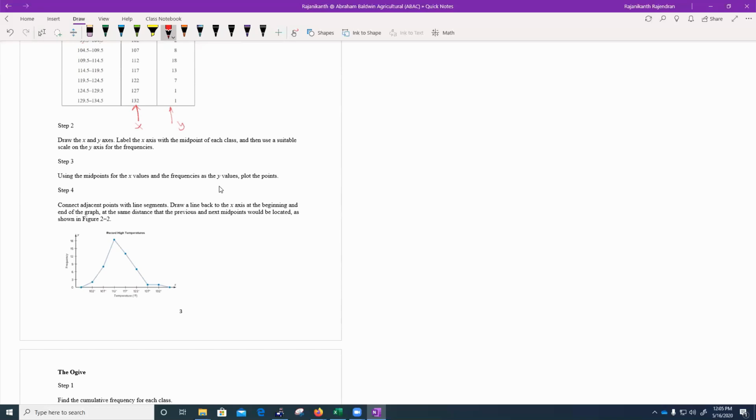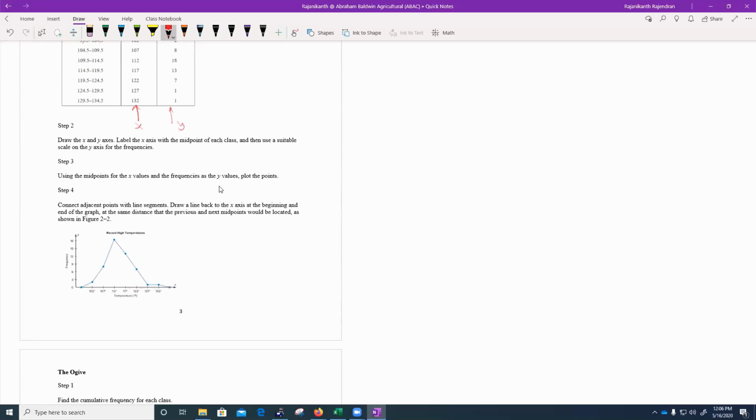But to finish your curve, you have to end your curve with this endpoint. You have to have the same space as whatever you have for the class width. Take one more space to the right and to the left to finish the curve.